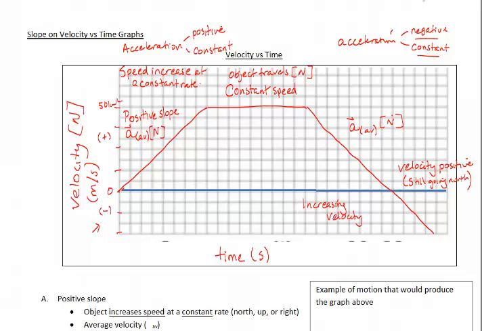It's a straight line, so it has to be at a constant rate. And because it's below the zero or below the origin, it means that we are traveling south. And so we have an acceleration that is constant and negative. And again, it's negative because we're traveling south. And that basically is why the velocity is also negative.